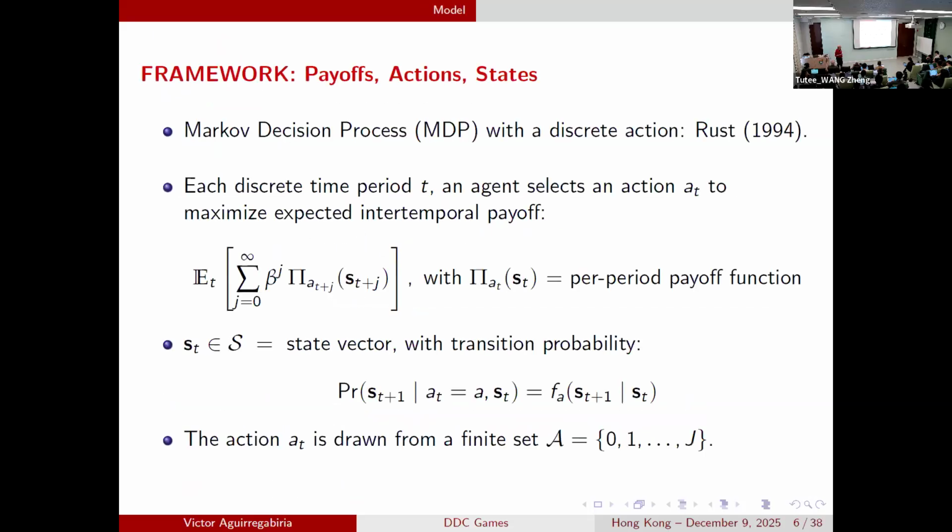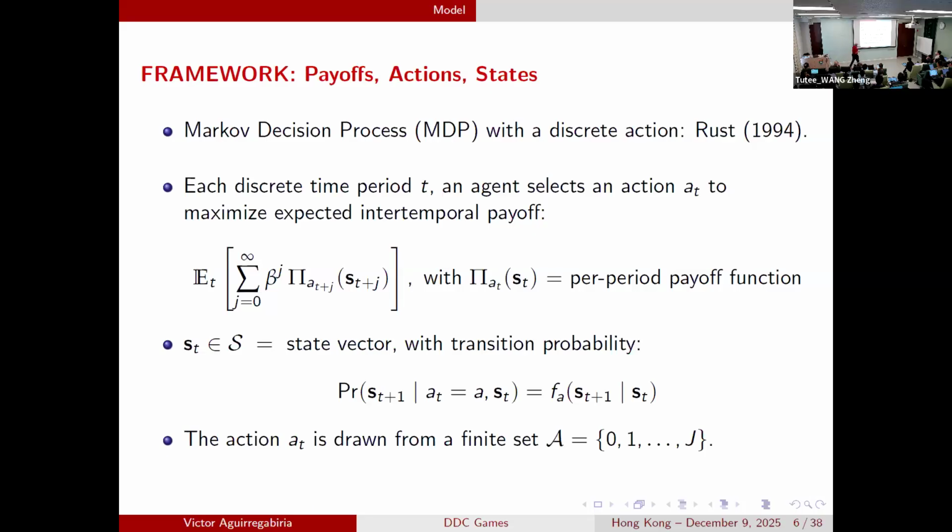Okay, let's go again with the model with a different notation. We have a Markov decision process with a discrete action. Time is discrete and indexed by t. The decision variable is a. I'm going to use a to describe the decision.